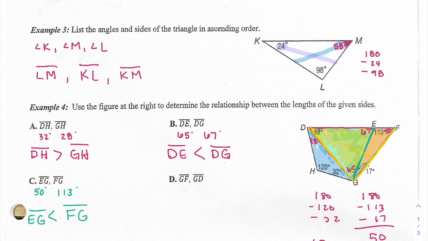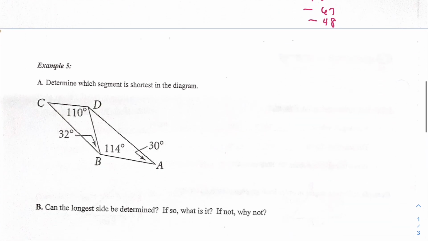If I look at that, GF is across from the 48 degrees. GD is across from that 50 degrees. So I would say that GD is greater than GF. All right, so we can even have triangles within each other. Again, you can only compare them when they're in the same triangle, though.